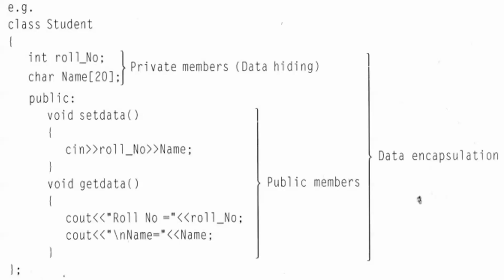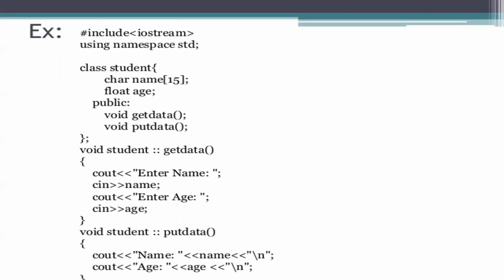Now, here again one more program. More and more programs, children, I'm showing you for class so that you understand how a class is created. Here, see, class, again the name of the class is student. Char name, here we are asking the age of the student.